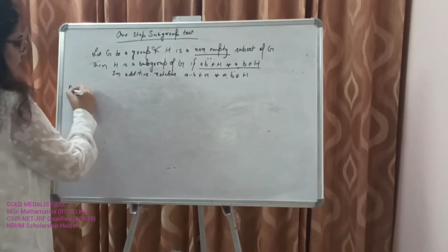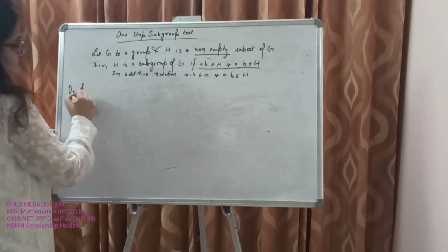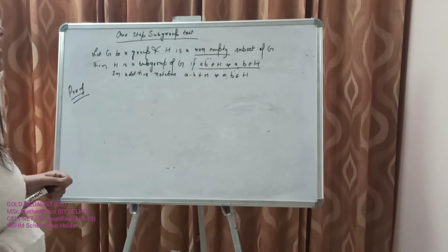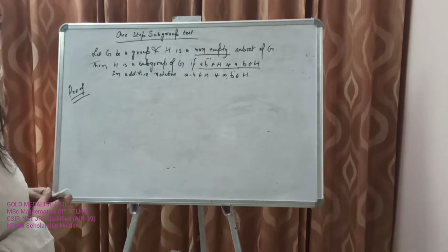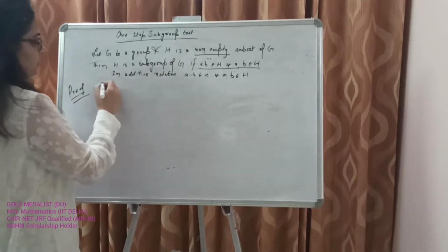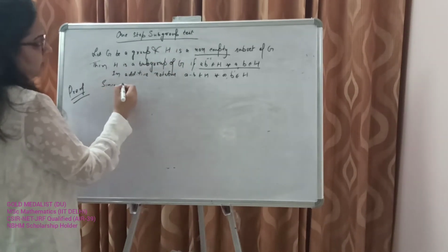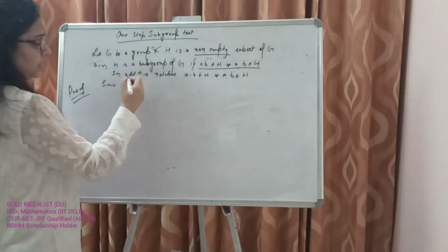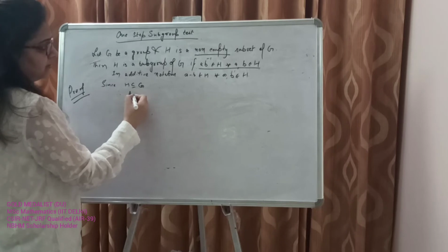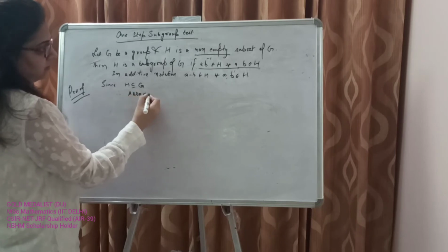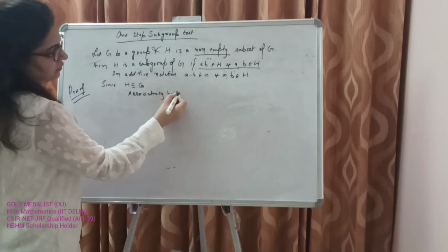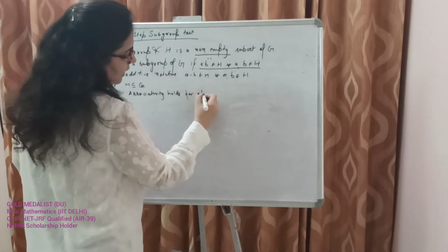The proof is a little lengthier. The very first thing to be proved is associativity. Since H is a subset of G, associativity holds for elements of H also.